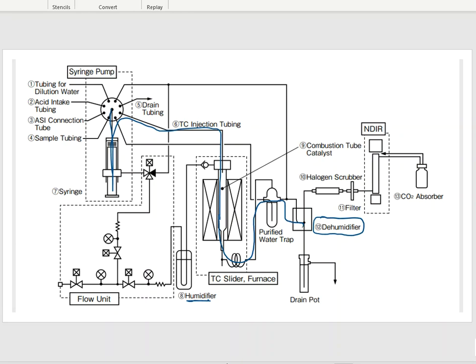All right, so the dehumidifier is going to happen before the NDIR detector. And there's a couple of other pieces too that we're going to discuss before we finish up this lecture series. But what I need you to know is that the dehumidifier is before the detector, and it's also before what we are going to talk about a little bit later, the halogen scrubber.